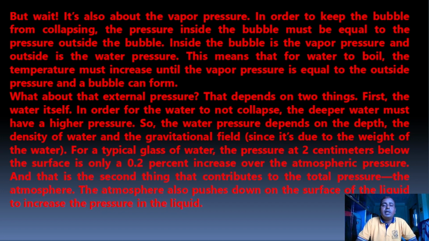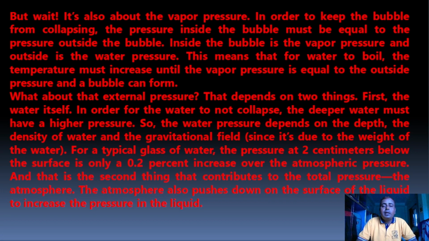What about that external pressure? That depends on two things. First, the water itself. In order for the water to not collapse, the deeper water must have a higher pressure. So the water pressure depends on the depth, the density of water, and the gravitational field, since it is due to the weight of the water.